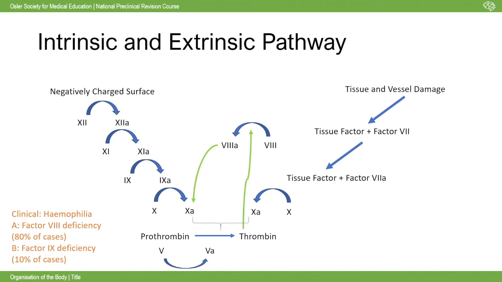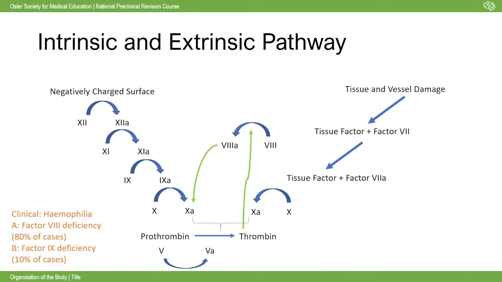So thrombin actually acts on factor 8 to increase the conversion to factor 8A, and then factor 8A, which positively feeds back onto 10A, is able to drive that pathway, which just maximizes the amount of thrombin we're producing.